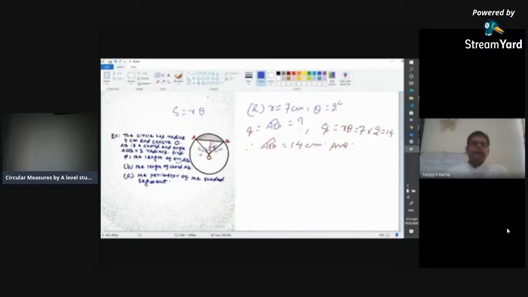Another feature is that when you draw a perpendicular from the center to this chord, this will be the midpoint. That means this point divides AB exactly into half.